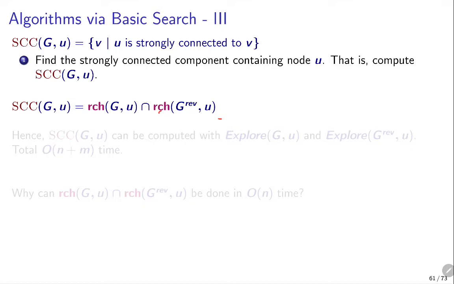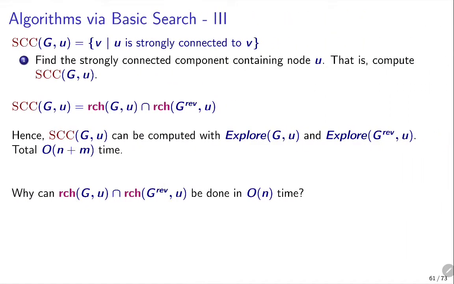And now we just have two sets of numbers taken from 1 to n, right? So we can think about the set as just being a binary array with n bits, on or off if they're in the set. And you just have to compute the bitwise AND of those sets. And we can do this in linear time. So computing the strong connected component of u is as such easy and takes linear time.